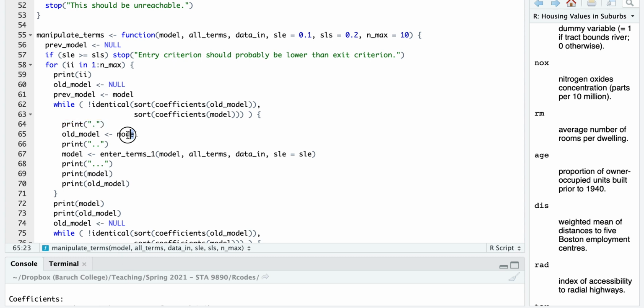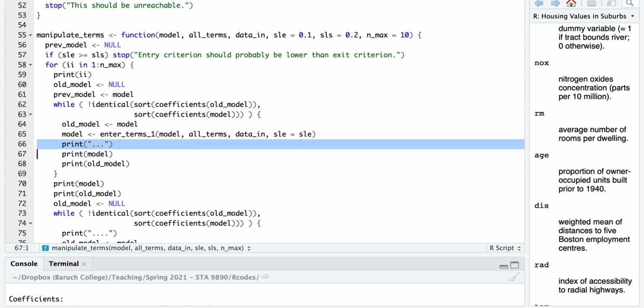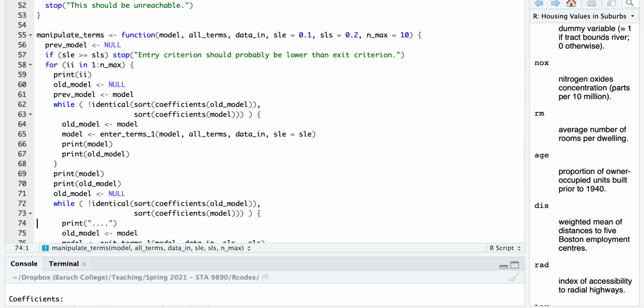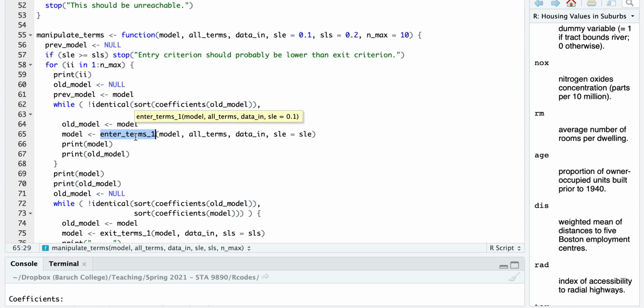A dot will be printed each time we go around this while loop. The current model will be saved as the old model. These are good for debugging. Whatever model we have, we put it into old model. Then we call enter terms. Enter terms will receive the model we have, all the terms, the data, and the entering threshold.